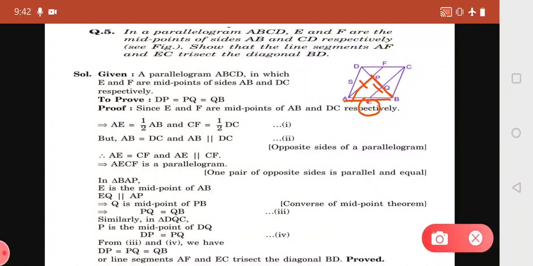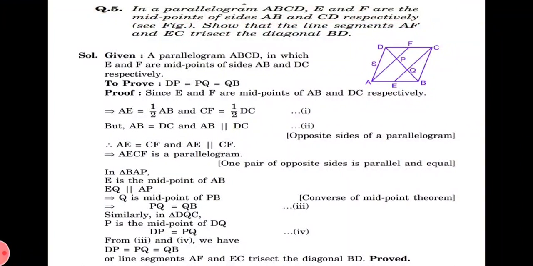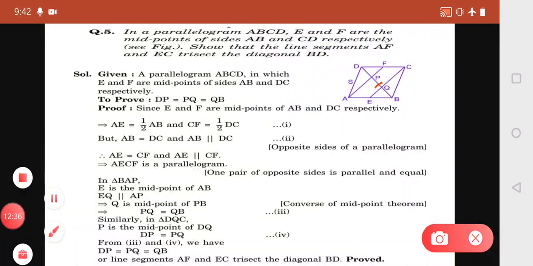So according to the converse of midpoint theorem, we will get that Q is the midpoint of side BP, yeah, PB. This implies that PQ equal to QB. So as Q is the midpoint of BP, these two sides are equal. Let it be number 3.